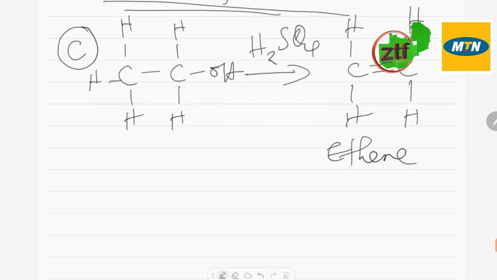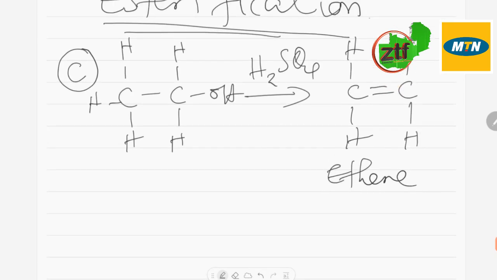So this is the structure of the compound formed when ethanol is treated with sulfuric acid. Ethanol is dehydrated to an alkene, which is known as ethene.